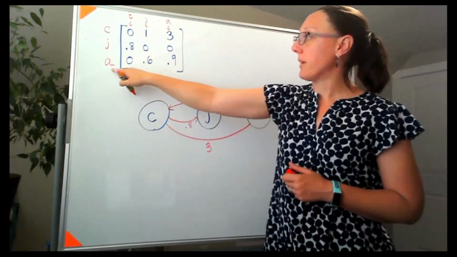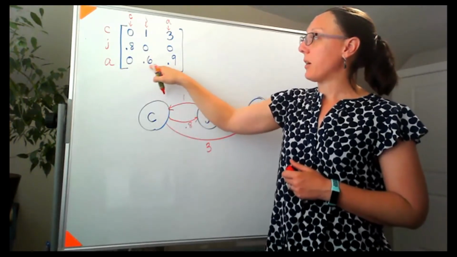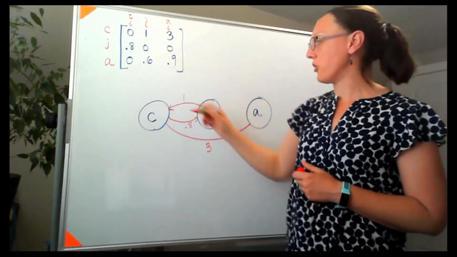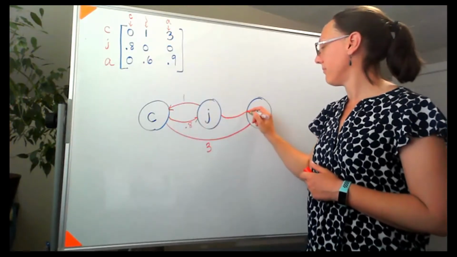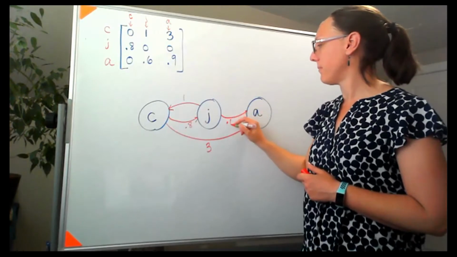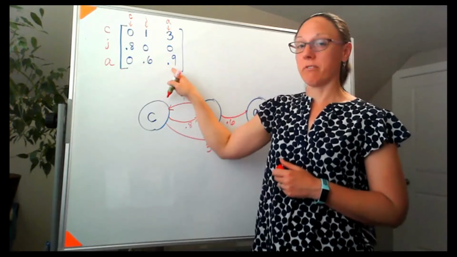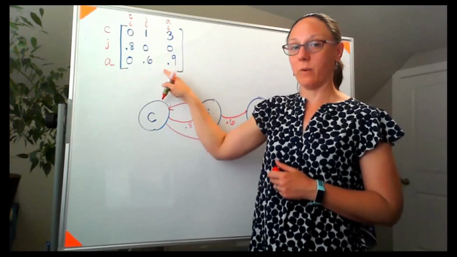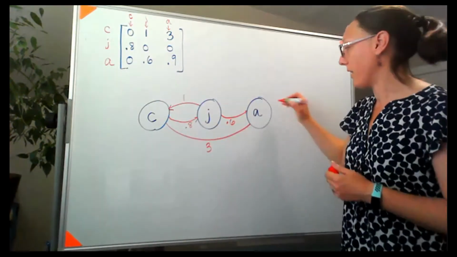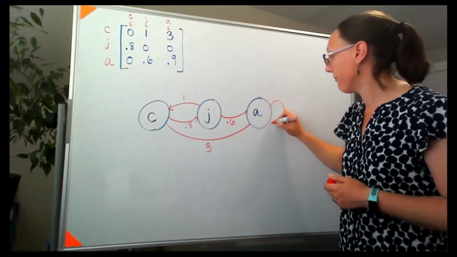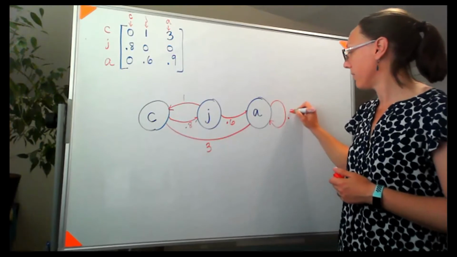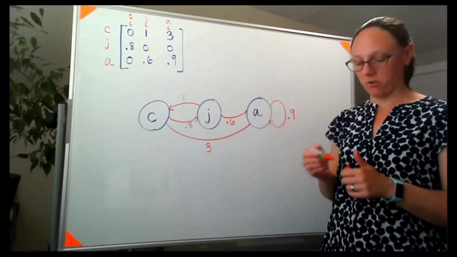Then into my adults, I know I'm getting 0.6 from my juveniles. And adults are feeding back into the adults at a rate of 0.9, or 90% of my adults are surviving for another cycle.